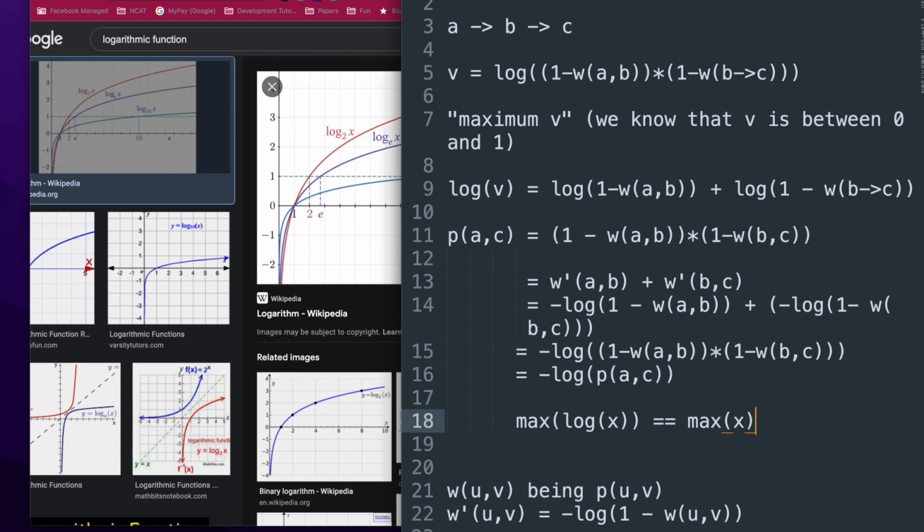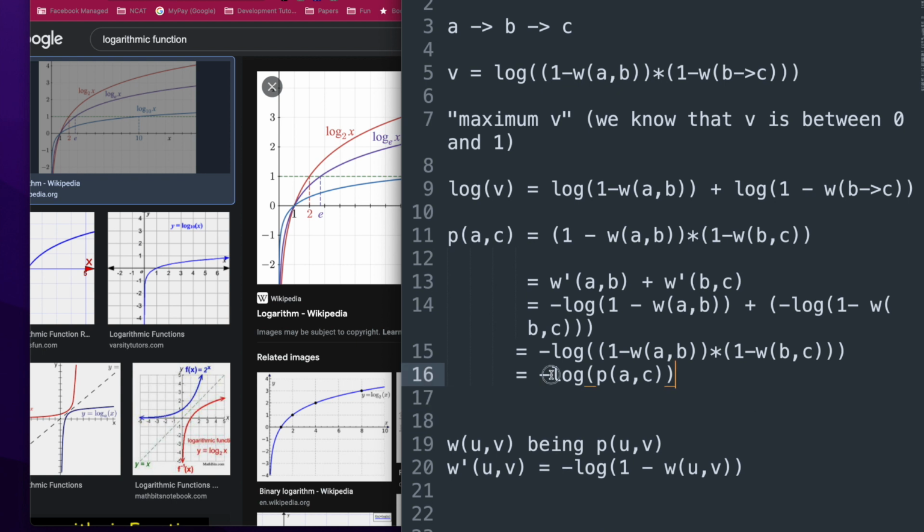Wherever x is biggest, if you're looking for the maximum argument, the x that gives me the biggest value of log x is the same x that gives you the biggest value when you look at x directly. So maximizing or minimizing the log is going to maximize or minimize the interior argument, right?